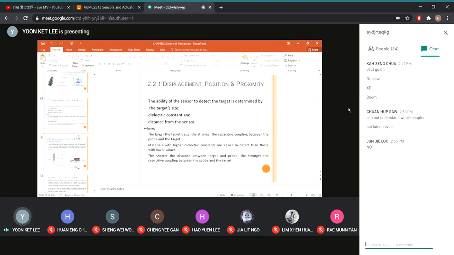Next week we will go for displacement. Starting from displacement, because the sensor is a very big chapter. They have 106 slides. That's why just now I kept on reading very fast. I managed to go until 46.